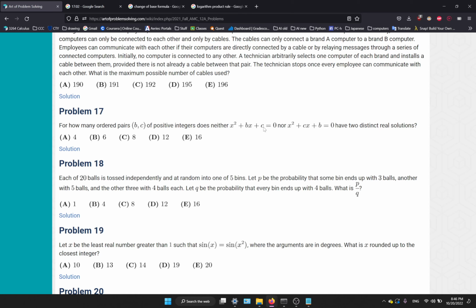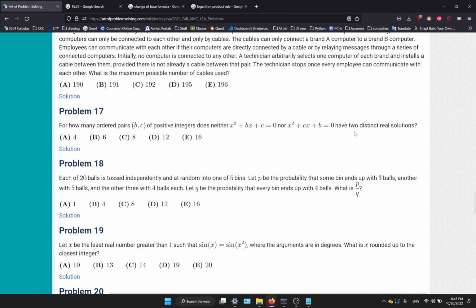But that also means that b also has to be positive. So both c and b are positive. And when we swap them, they still don't have 2 distinct real solutions.